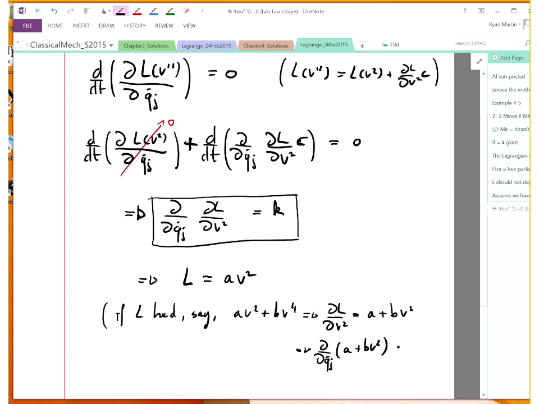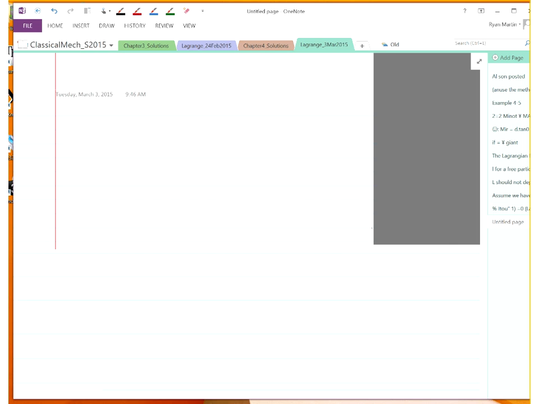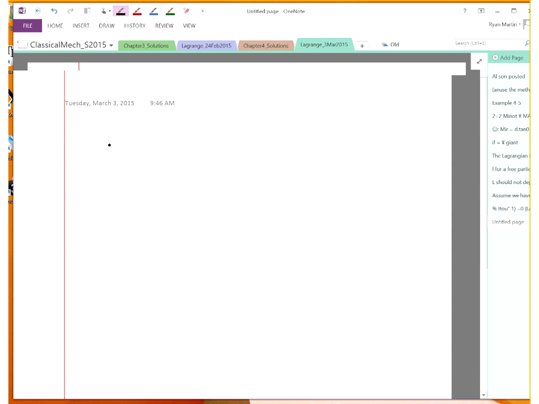And then ∂/∂q̇j of A plus B v squared would not be a constant. So that B v to the fourth term could not have been there. So you can only have a term in v squared. Any other term would not satisfy the requirement that you get constants.